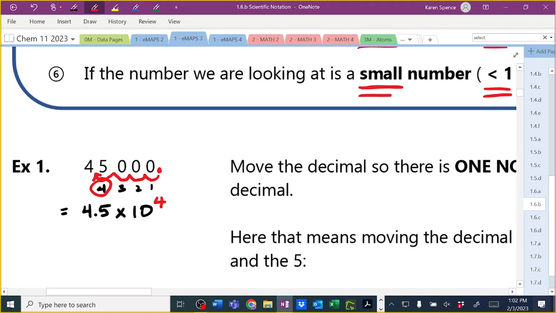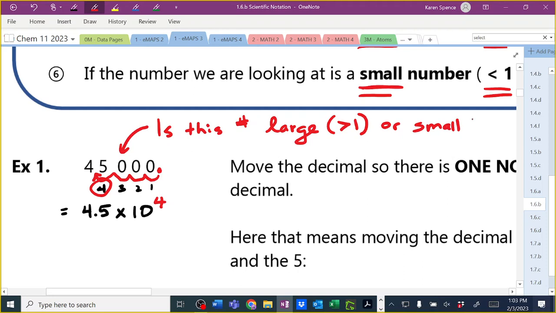Then we ask ourselves, is this number large? In other words, greater than 1? Or is it small? In other words, less than 1. Is that a large number or a small number? That is a large number. 45,000 is bigger than 1.